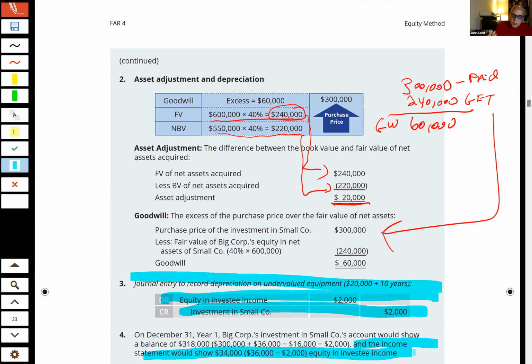And of course, since I decreased the investment by that decrease in income, I would have to credit the investment account for that 2,000. So they may ask me the ending balance, which would be the 318, the 320, like we calculated in the previous example, minus the 2,000 excess amortization depreciation. Question.